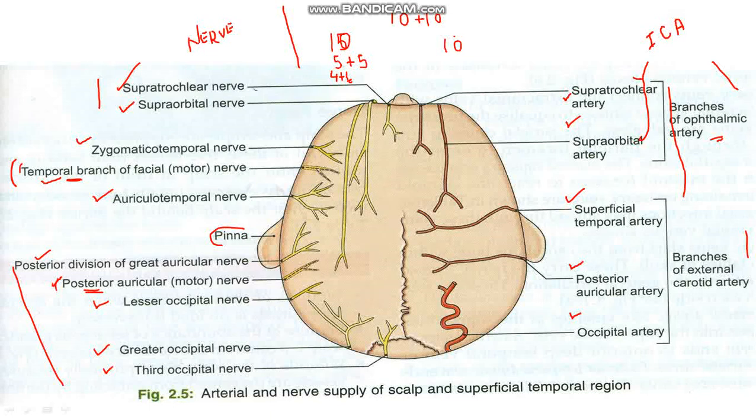Whereas superficial temporal artery, posterior auricular artery and occipital artery are the branches of external carotid artery.